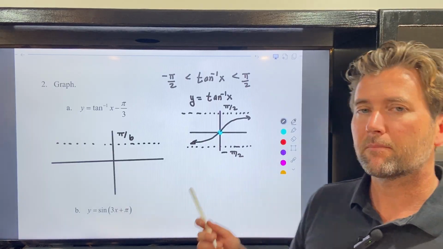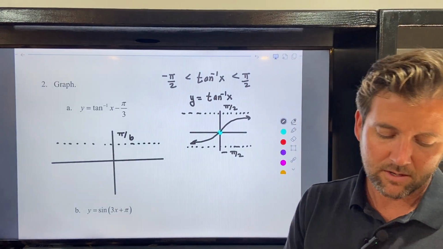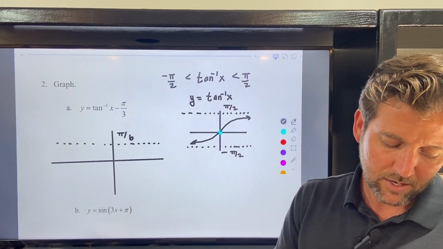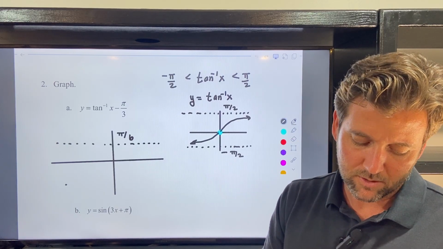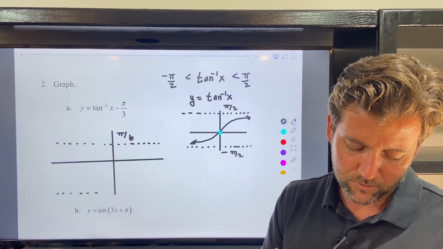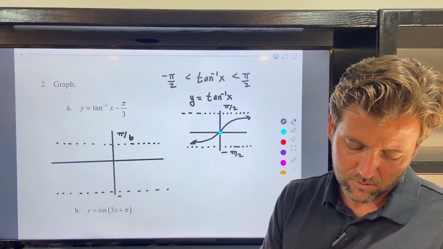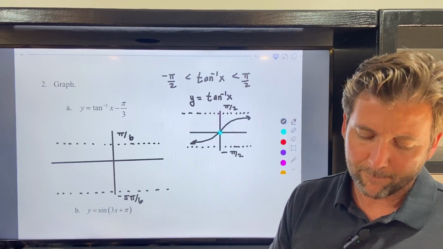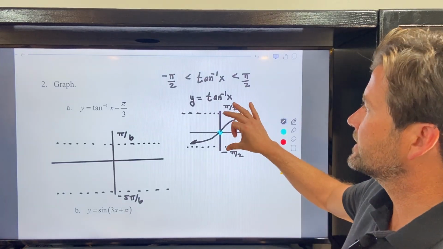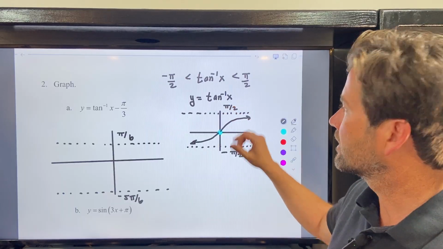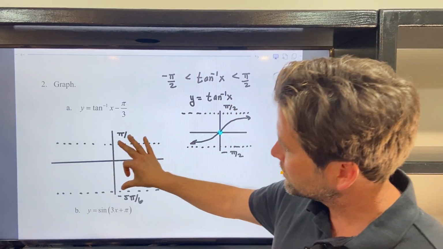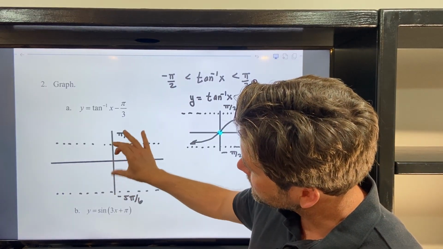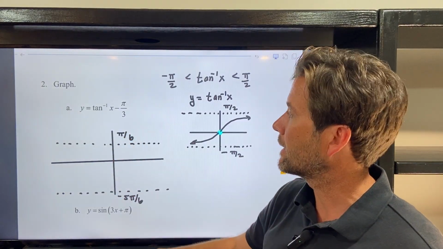If you take negative pi over 2 and you subtract pi over 3, the shift down, you will get negative 5 pi over 6. Some things to look out for. The distance between these asymptotes was pi. See how this is pi over 2, that's negative pi over 2, that total distance is pi. This total distance, 5 pi over 6 and pi over 6, still should be pi.